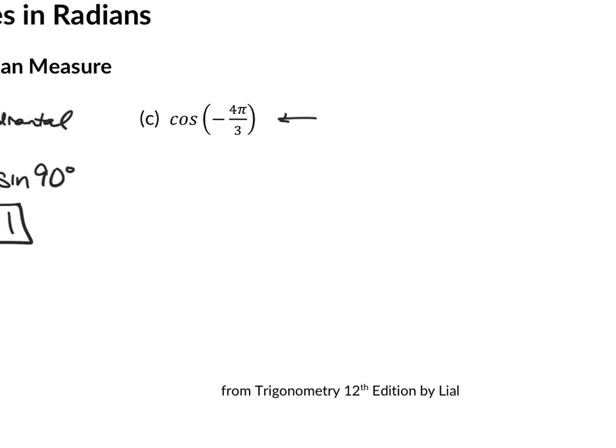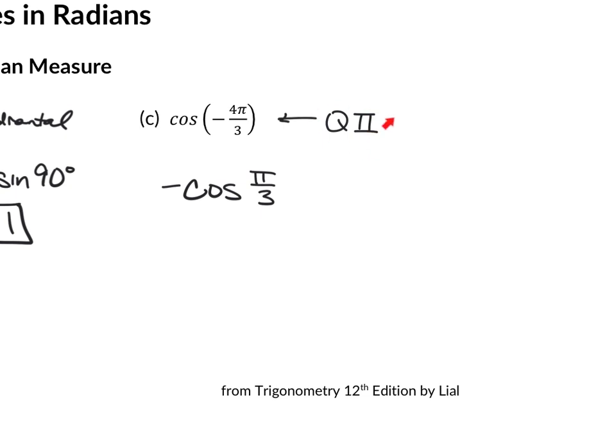So like I said, this angle is in quadrant 2. In quadrant 2, we know that cosine is going to be negative. So when we're working with this, we have to make sure that we know that it's going to be negative. If I think about the acute angle measure that matches this, this is like the negative cosine of pi over 3. Where did that negative come from again?